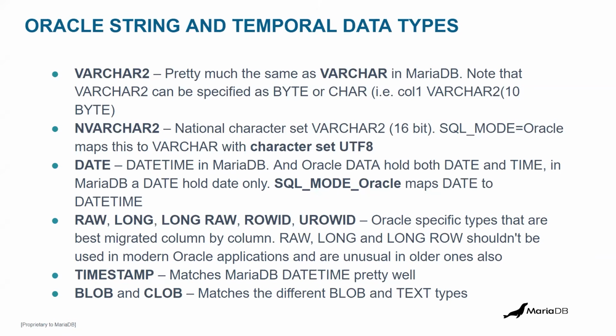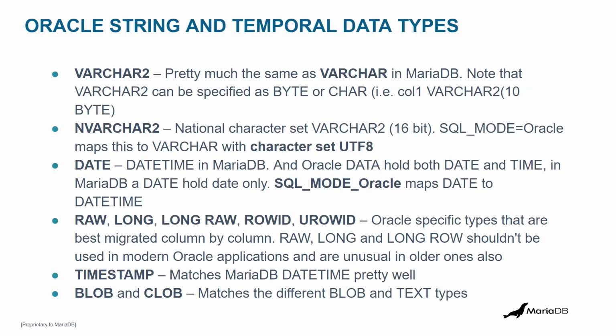Long and rowid, you don't see these much in Oracle applications anymore. You do see them in the Oracle metadata, but not in the applications, and they typically don't pose much of a problem. Timestamp in Oracle would be timestamp in MariaDB, but actually it's not, because the MariaDB datetime type includes time zone, which the Oracle timestamp does not.